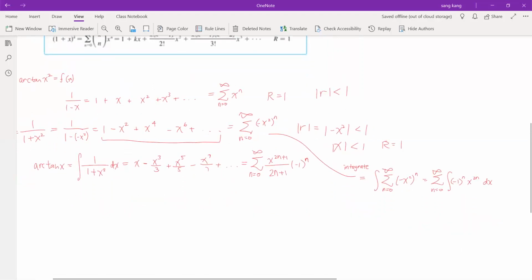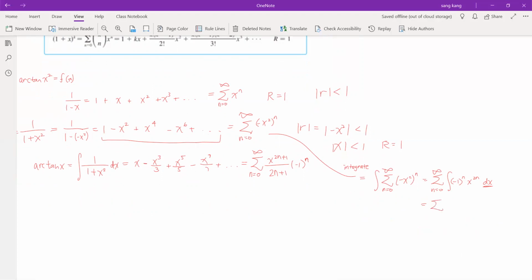Now, this -1 to the n, since we're integrating with respect to x, is just a constant, okay? Because this n is only incremented by this sum operator, right? So it's basically a constant inside of the integral.